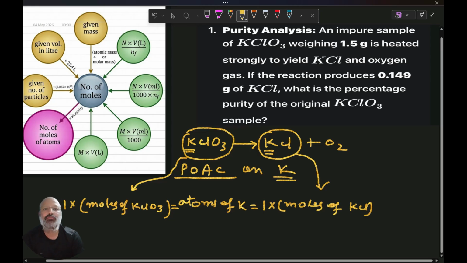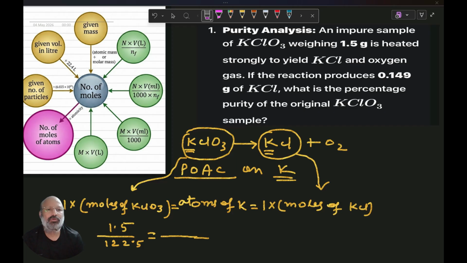The amount of KClO3 is 1.5 gram divided by molecular mass 122.5 is equal to the number of moles of KCl.